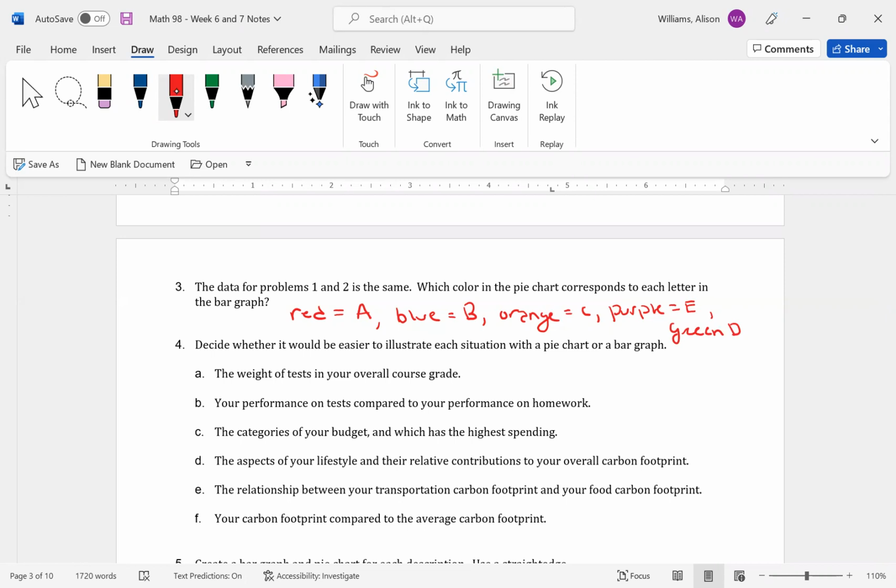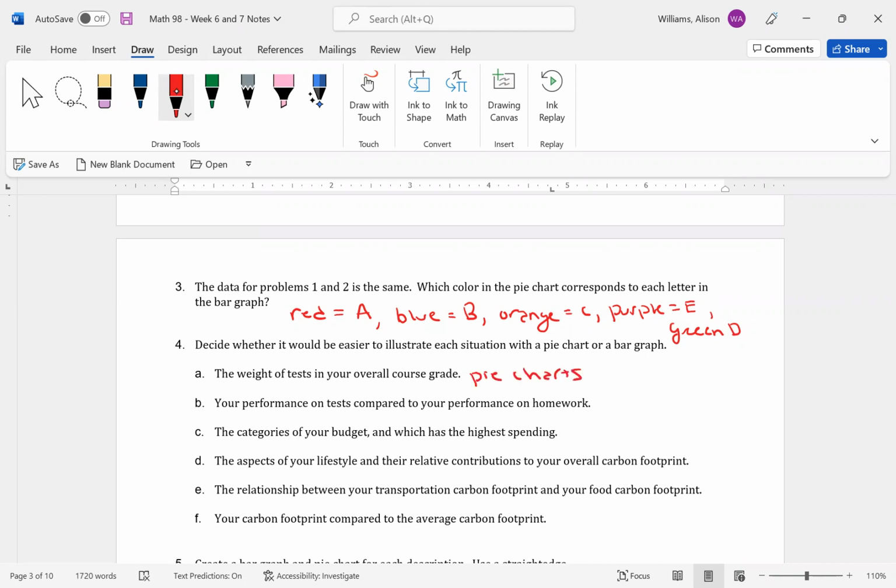Would it be better to see the tests as what percent it contributes to your grade? Or if we want to see them compared to each other in terms of how big they are. And I think that when we typically want to think of the class or how your tests are, you want to kind of think of it as the whole, right? So I feel like percentages make better sense, and therefore pie charts would make more sense.